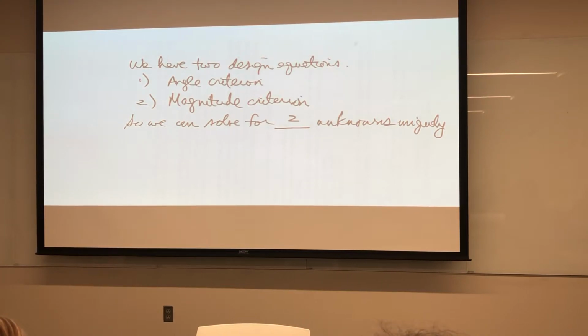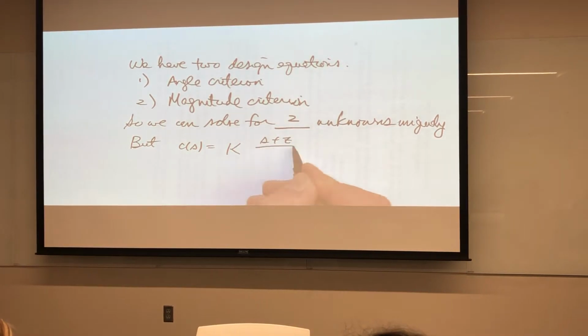All right, but our compensator is K (s plus z) over (s plus p). And our unknowns are 3.